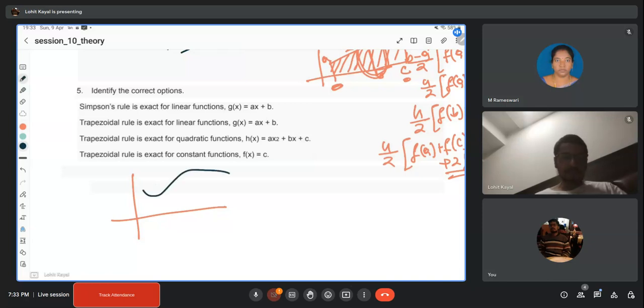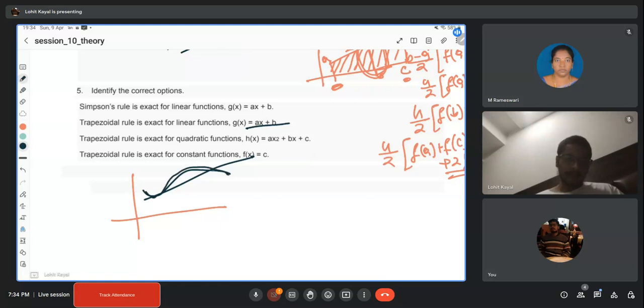The first one is, suppose you have a curve like this and you want to find the integration using the trapezoidal rule. What we generally do here is just draw a straight line. Now if your graph is already a straight line, then the trapezoidal rule will give you exactly the correct answer. So here the trapezoidal rule is exact for a linear function g(x) equal to ax plus b, because this is the assumption.